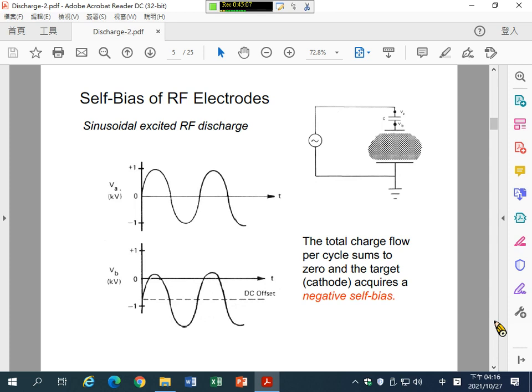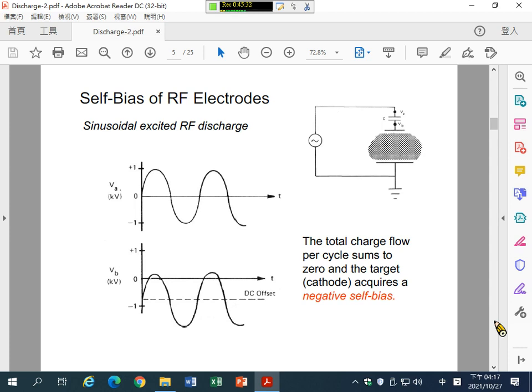But for a half cycle, the positive half cycle, the voltage reading looks like this, and here's another half cycle. If we take a close look, we can find that only in this small region is the electrode surface positively charged.